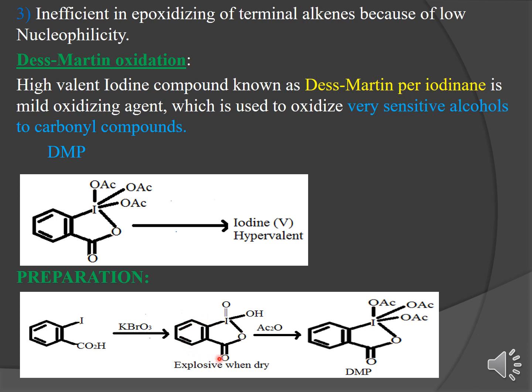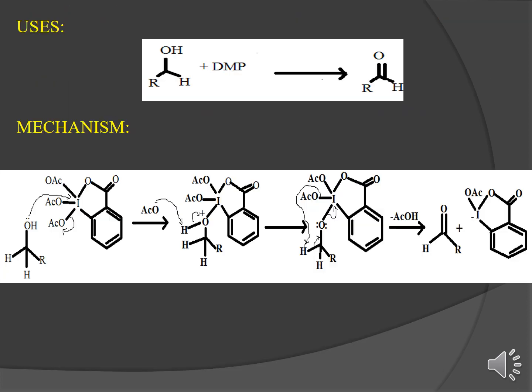A cyclic structure is formed, which is very explosive when dry, so it is kept in moist condition itself. Then upon treatment with acetic anhydride, this complex is generated, your hypervalent compound, DMP.